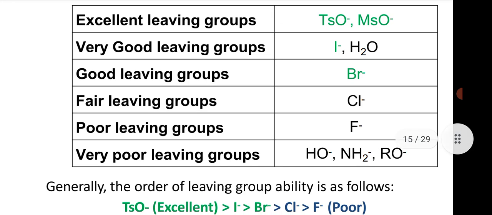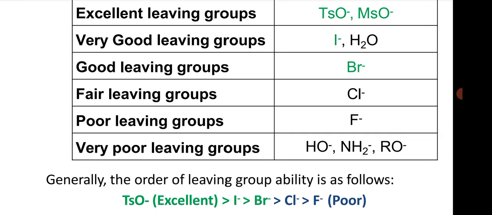Okay, so generally the order of leaving group ability is as follows: TsO negative is excellent, then iodine. Now you can consider group 7. From top to bottom the size increases, and electronegativity decreases from top to bottom. Both these factors are involved in deciding the character.